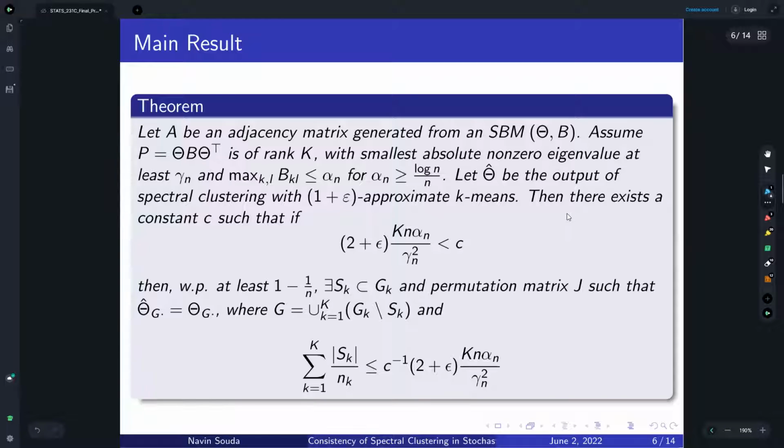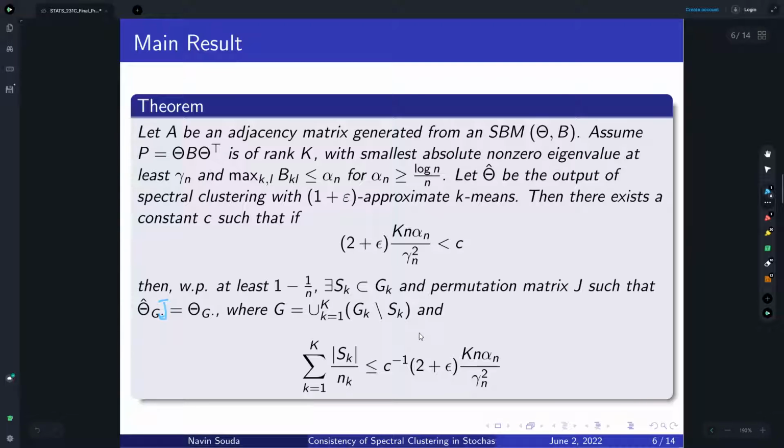approximate k-means, as described earlier, then we have a constant c, so that if this holds, 2 plus epsilon times k n alpha n over gamma n squared is less than c, then with probability at least 1 minus 1 over n, we can find these subsets of our communities S_k and some permutation matrix J, such that theta hat G times J is equal to theta G, where this G is just the union of the communities with the S_k removed.